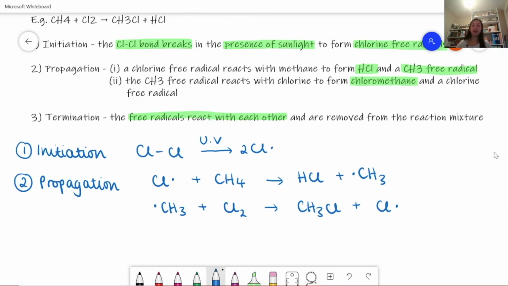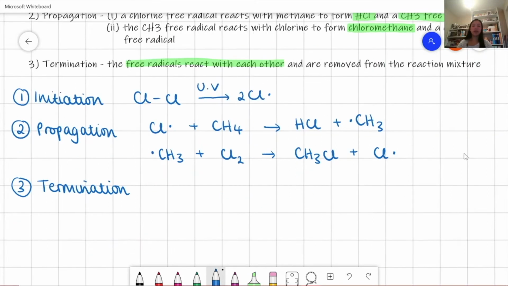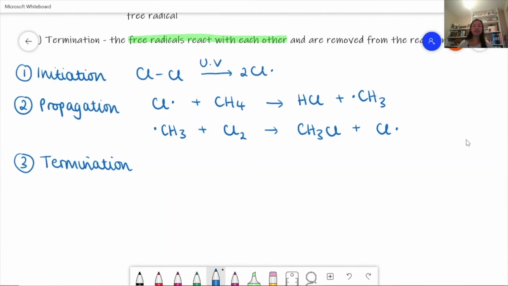And then thirdly, we have the termination step. And what happens here is that two free radicals then react together and remove themselves from the reaction mixture. So we can do this in a couple of ways.